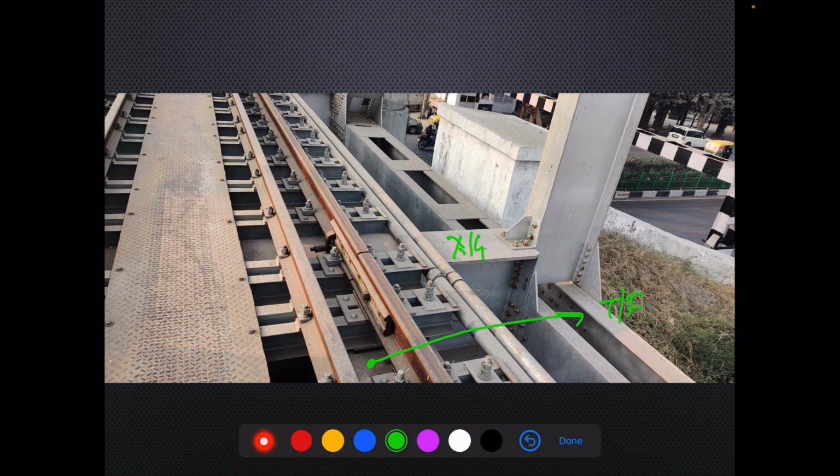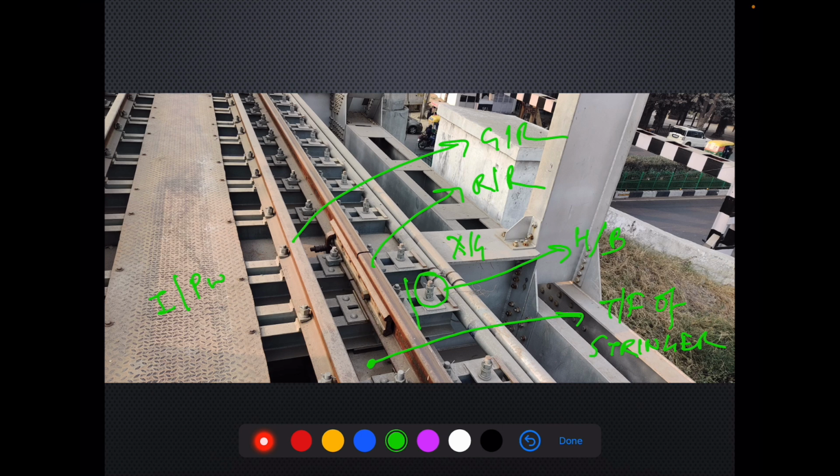This is the top flange of stringer, right? And this is my running rail. This is my guard rail, right? And this is my inspection pathway, and this is the top portion of my hook bolts. Okay, so there is only one hook bolt for each channel sleeper.